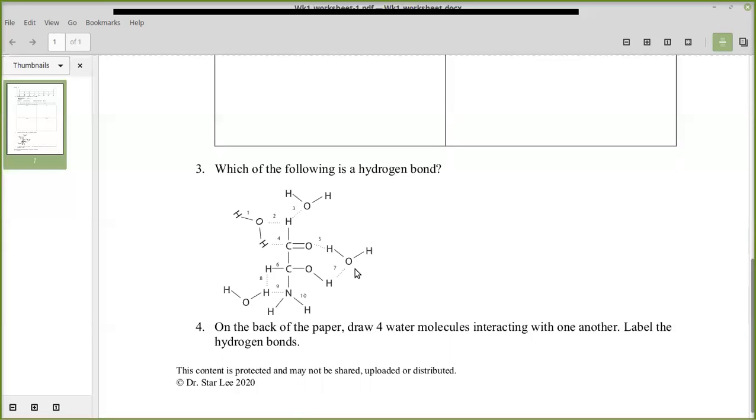Yes. Electronegative, hydrogen, electronegative. What about eight? No. You have carbon right over here. And what about nine? Yes or no? Yes. Why?